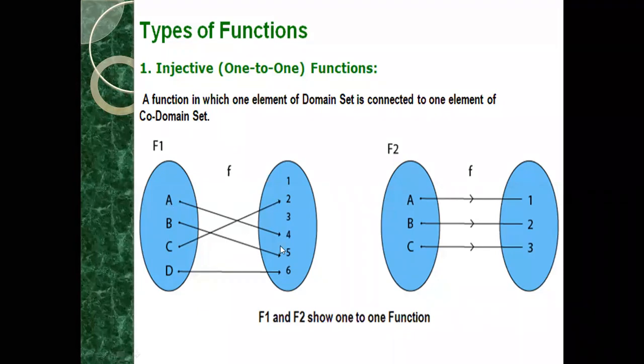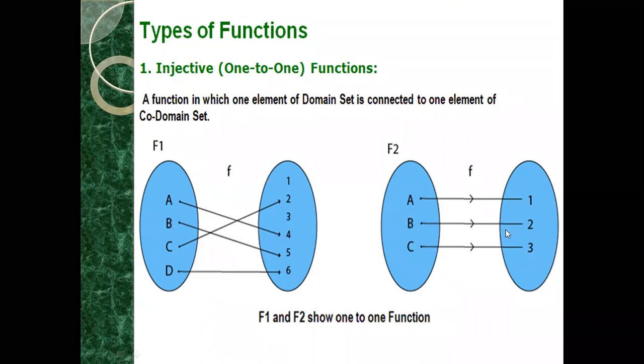So A is connected to 4, B is connected to 5, C is connected to 2, D is connected to 6. So every element of A is connected to one element of codomain. Okay. It is an example for one-to-one function.